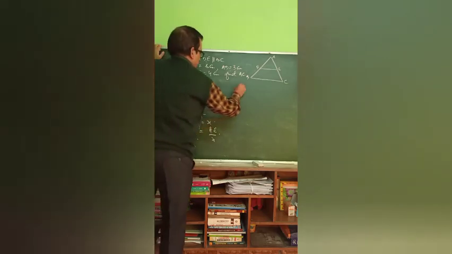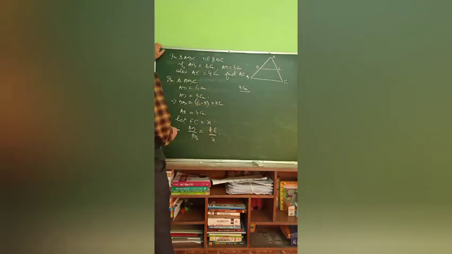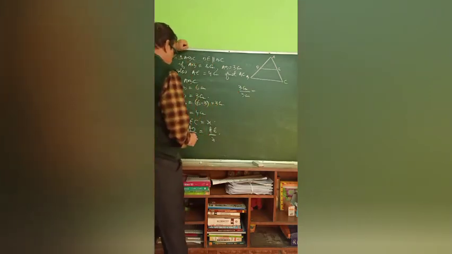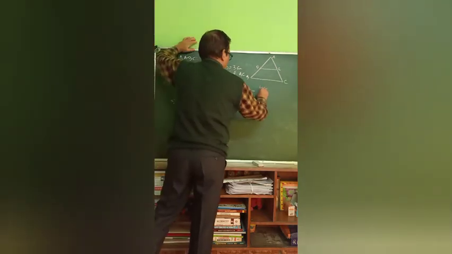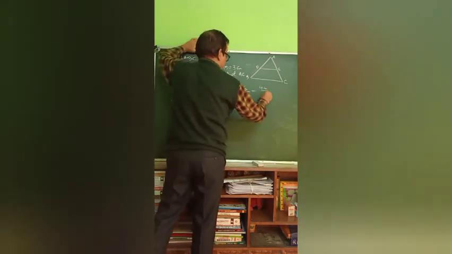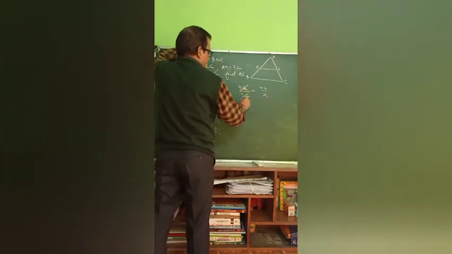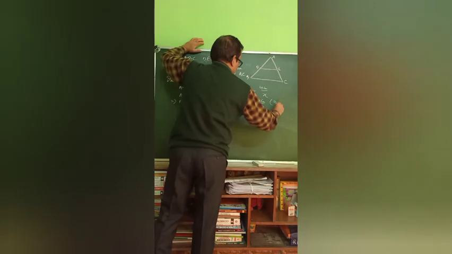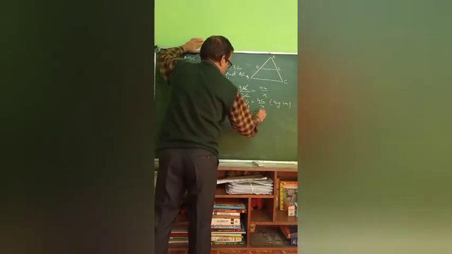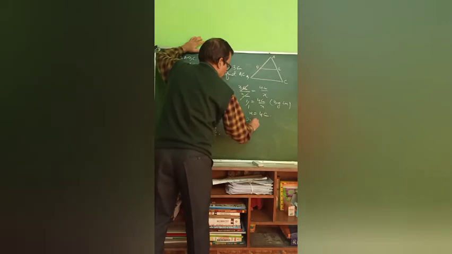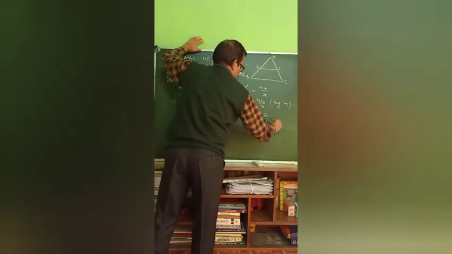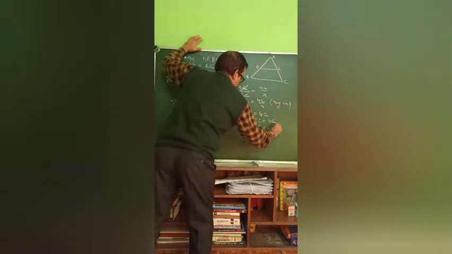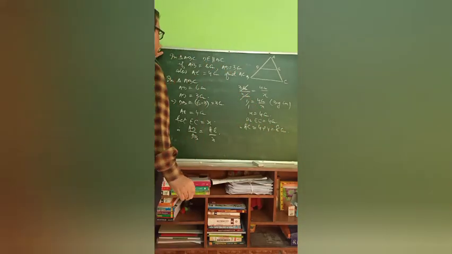AD is 3 centimeter upon DB is also 3 centimeter is equal to AE is 4 centimeter upon X. So this 3 centimeter gets cancelled, 1 upon 1 is equal to 4 centimeter upon X, cross multiply, X is equal to 4 centimeter. So overall EC is equal to 4 centimeter, therefore AC is equal to 4 plus 4, that is equal to 8 centimeter. This is what is to be done.